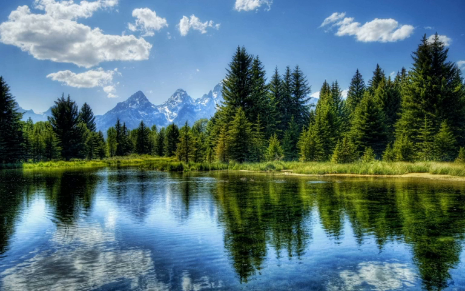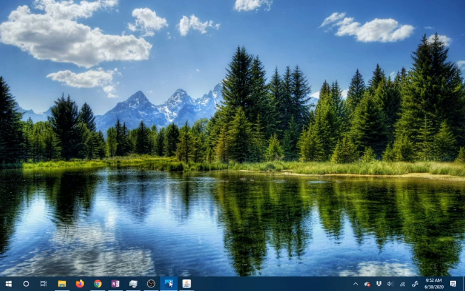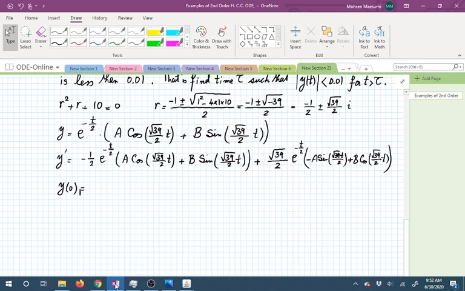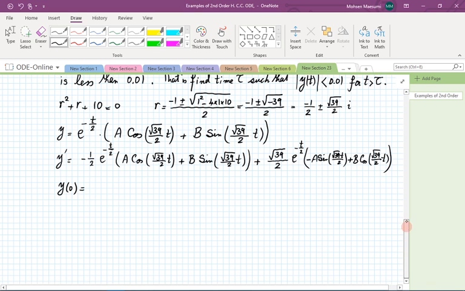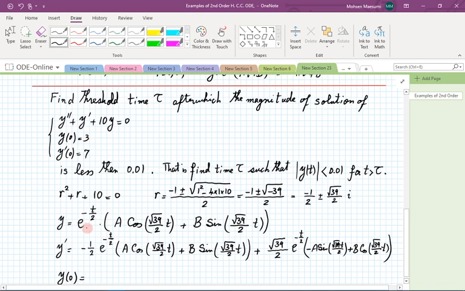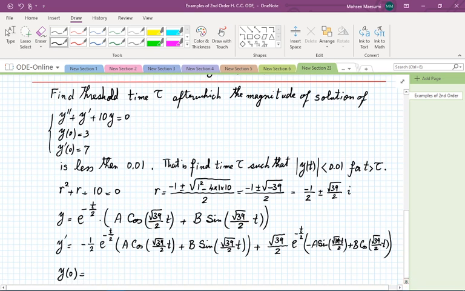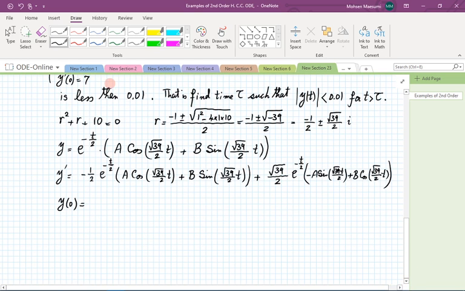The way we get our coefficients is that y(0) is given to us as an initial condition, and y(0) here also boils down to something in terms of the coefficients. On one hand, it was given as a number.